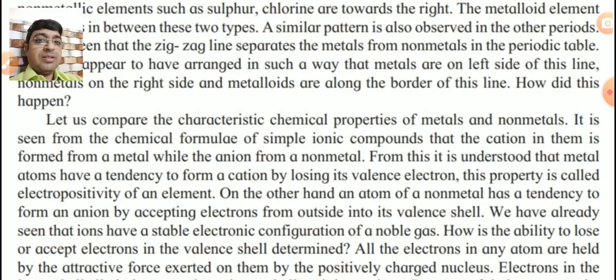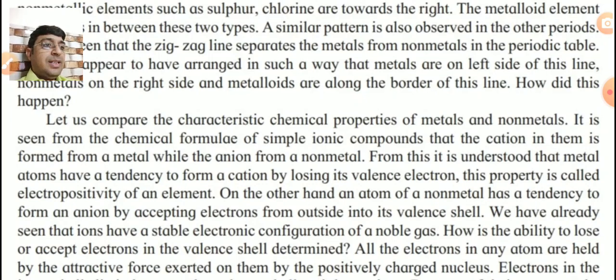When electrons are lost from the outermost shell to form a positive ion, that is a cation. So the cation in them is formed from the metal, while anion means negatively charged ions formed from the non-metals. You underline this. Cations in them are formed from a metal, while the anions from a non-metal.